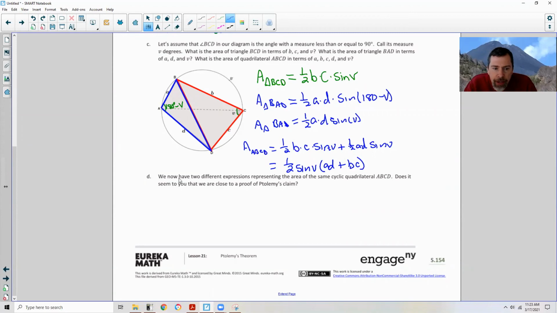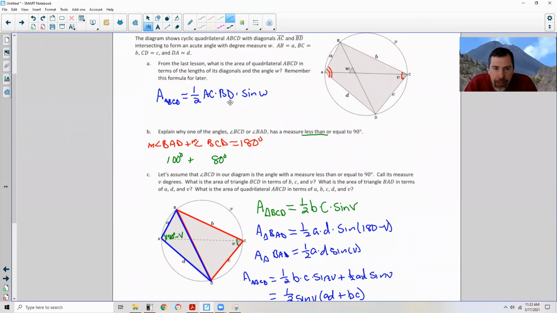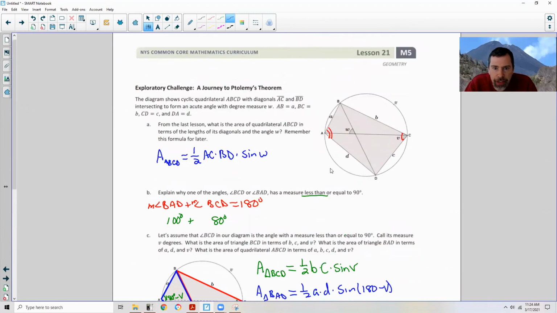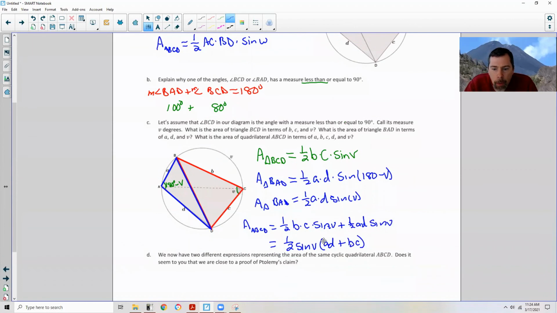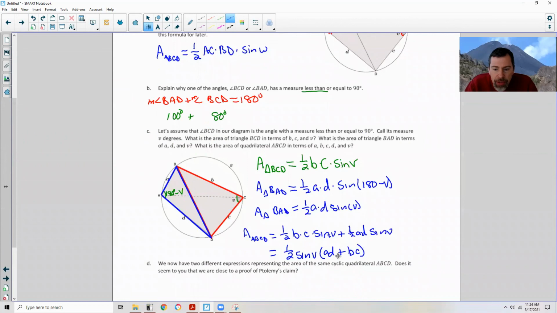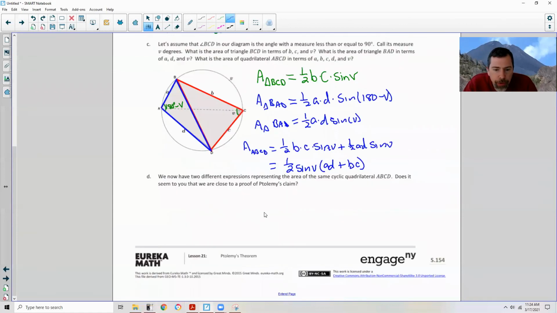Part D says we now have two different expressions representing the area of the same cyclic quadrilateral ABCD. We have this one up here, 1/2 AC times BD sine W, or 1/2 BC sine V plus 1/2 AD sine V. Actually, it is different: 1/2 AC BD sine W, or 1/2 sine V times AD plus BC.